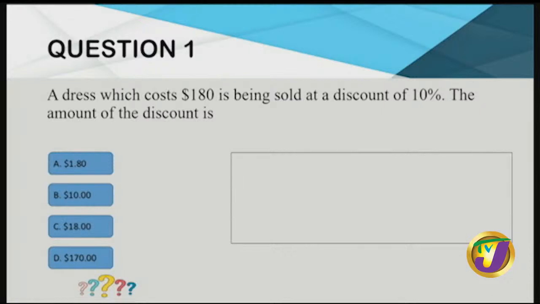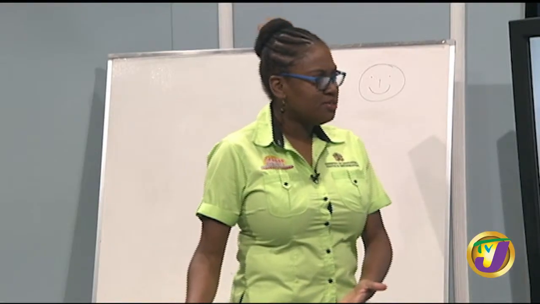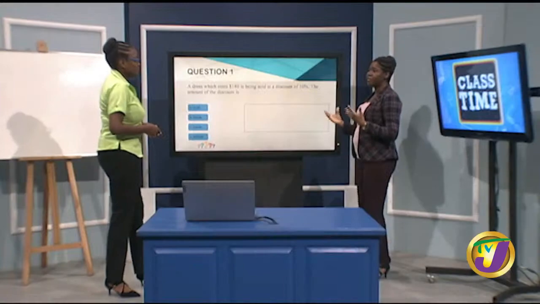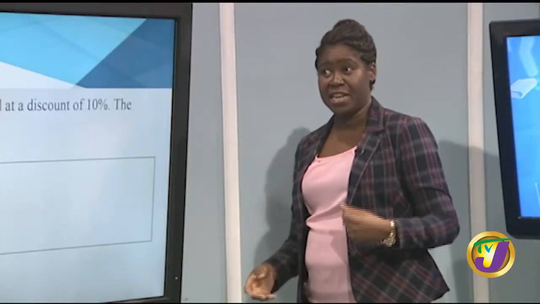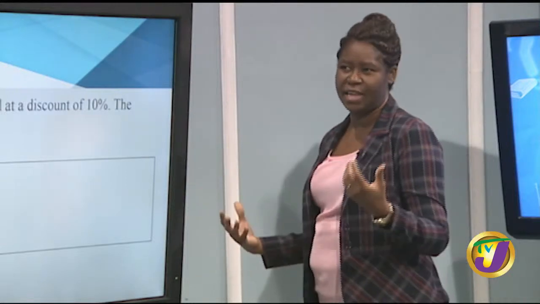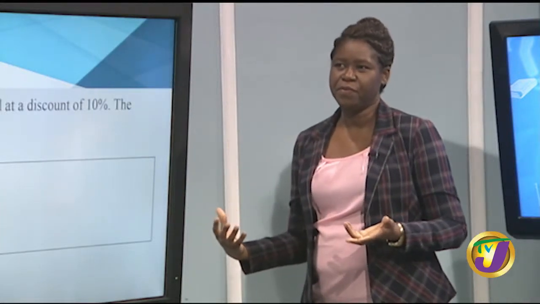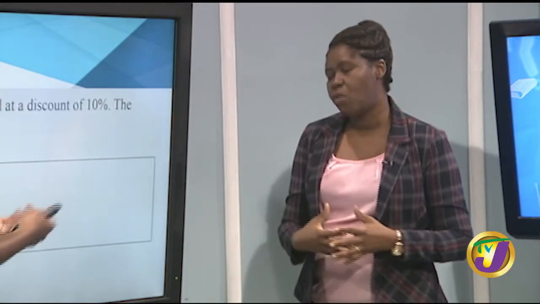So we see discount. What is discount? All right, so when we think of discount, we're thinking about we're paying less for our goods, right? Right, because sometimes we go into stores and we see 10% discount to 15% discount when they're having a sale, or sometimes they say like $1,000 off, still discount.